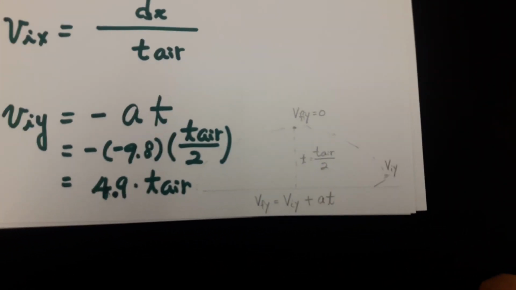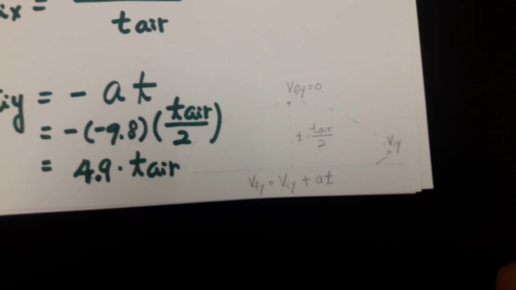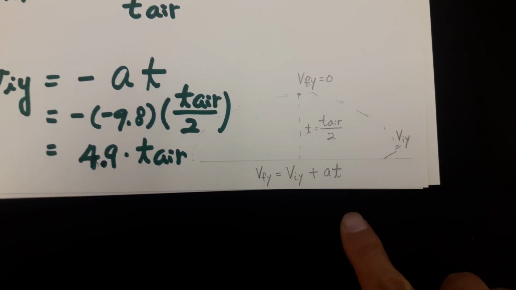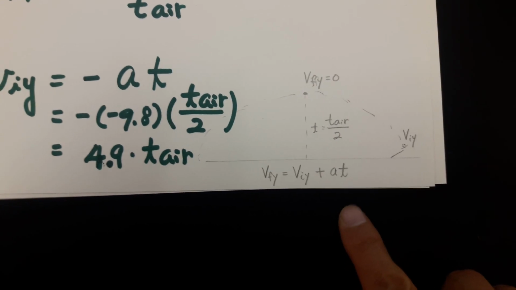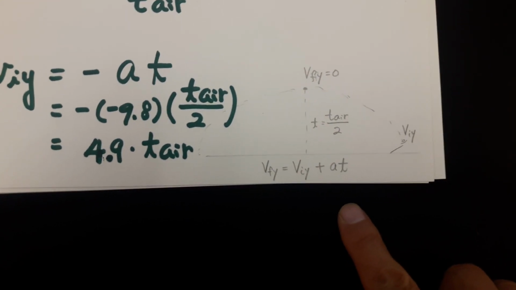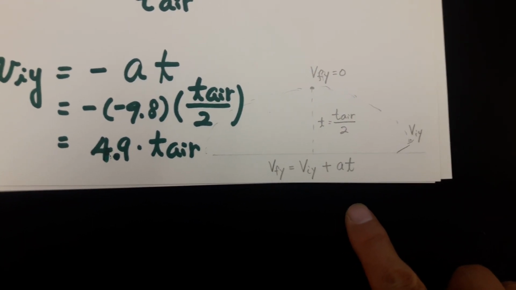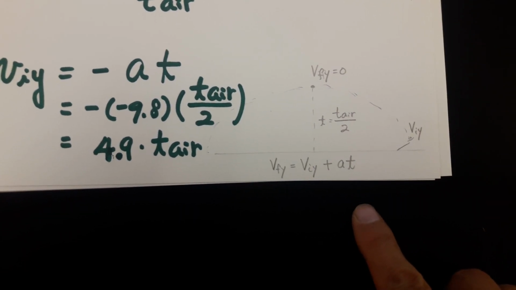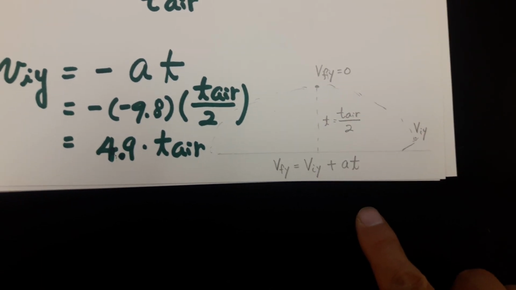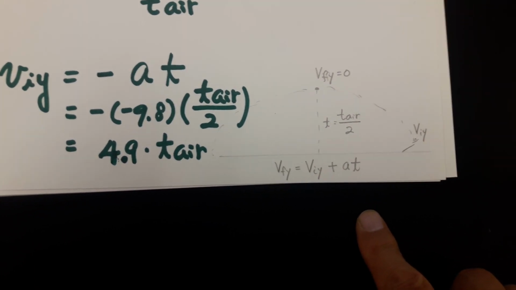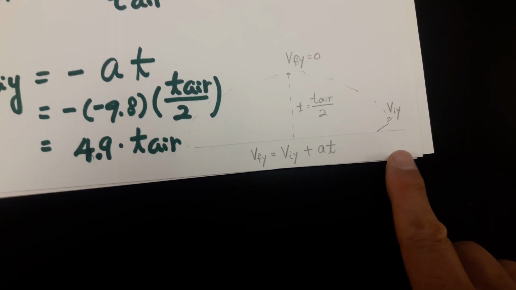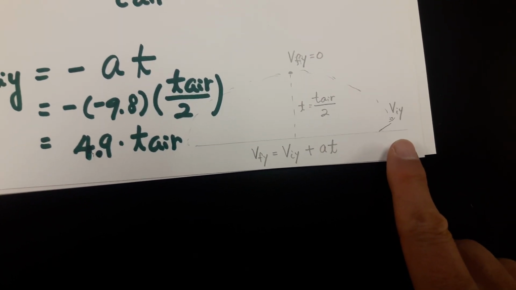So when you look at this picture, when it goes up to the peak, the y component of velocity is 0. So at that moment, it doesn't go up or down. It stops there for a moment. So Vfy equals 0, and we need to find out the y component of launch velocity.